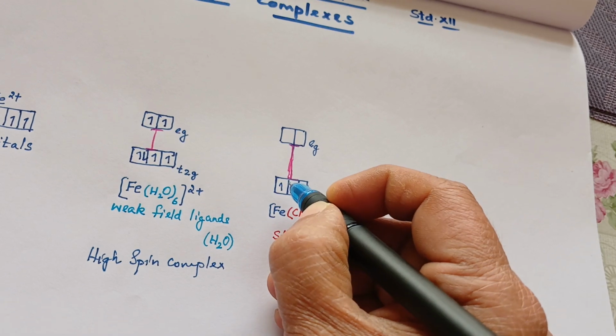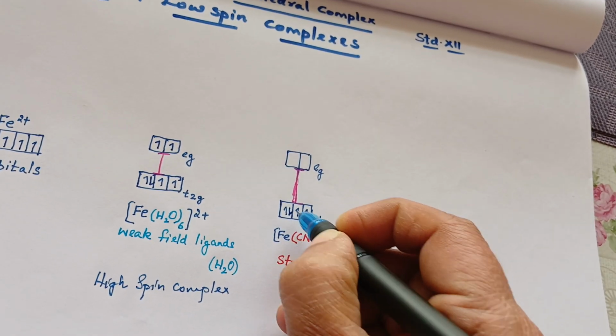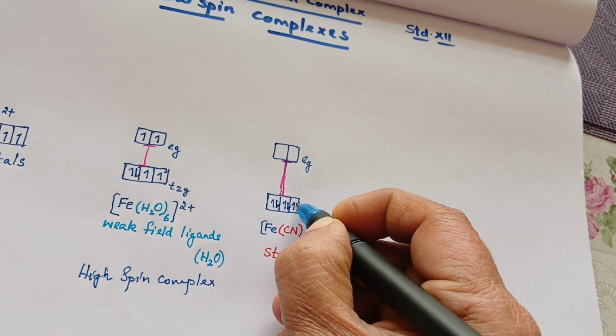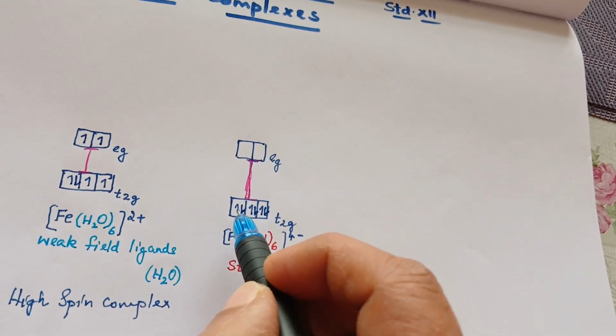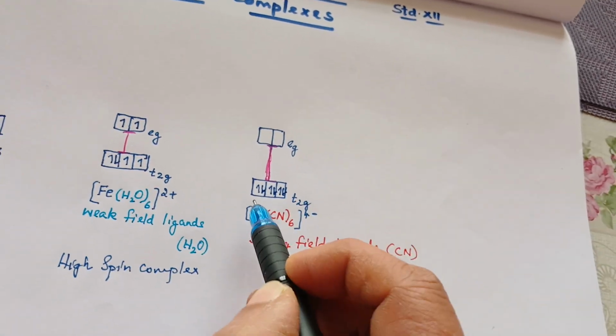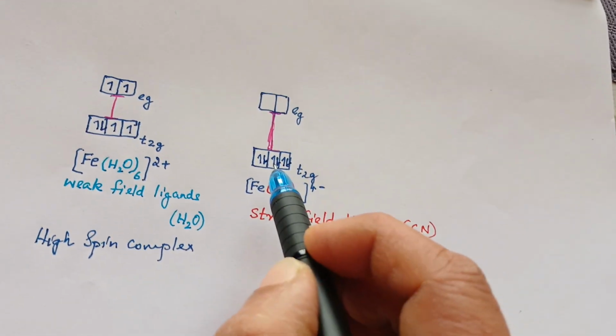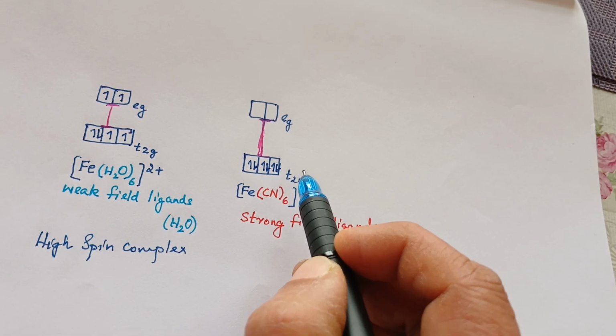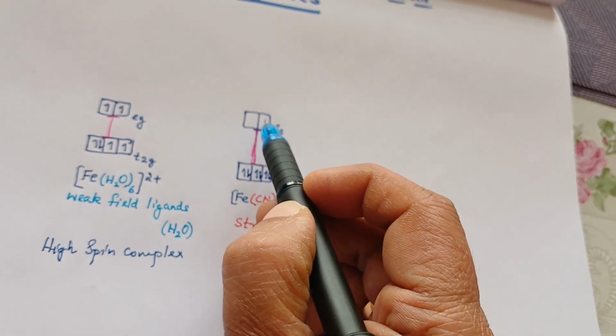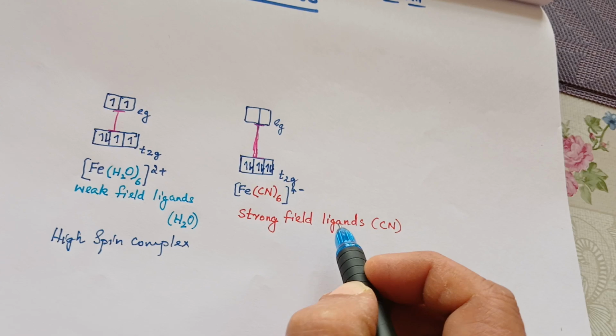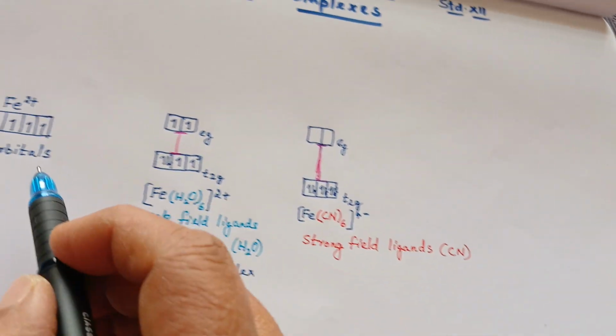Then they will pair up. These orbitals will start getting paired. So the remaining 3 electrons will also come into the T2G set, and those electrons will be paired, leaving this empty.